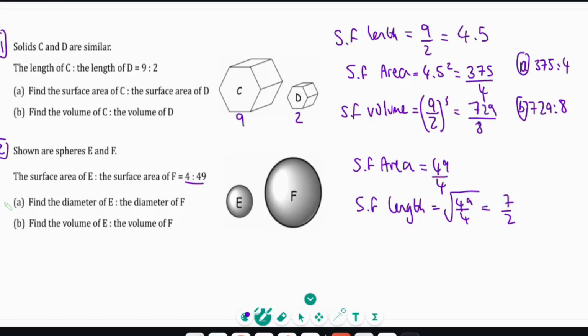So when we're asked for the diameter of E to the diameter of F, it is a length. Diameter is a length. So it would be 2 to 7. And then part B, we need a scale factor for volume. Let's cube our scale factor for length.